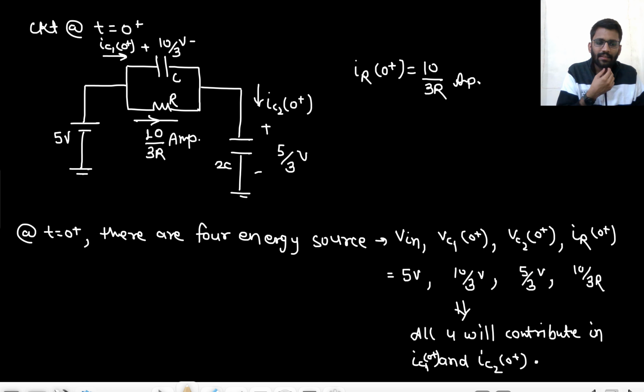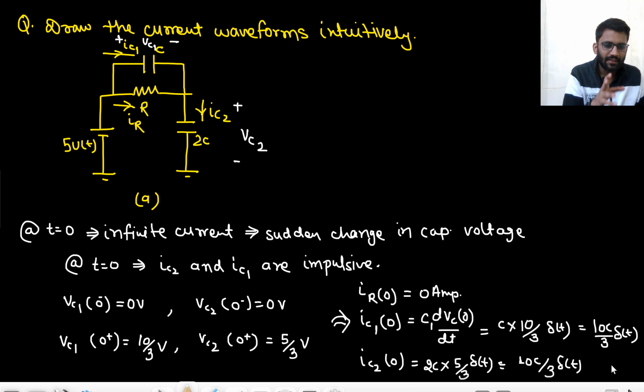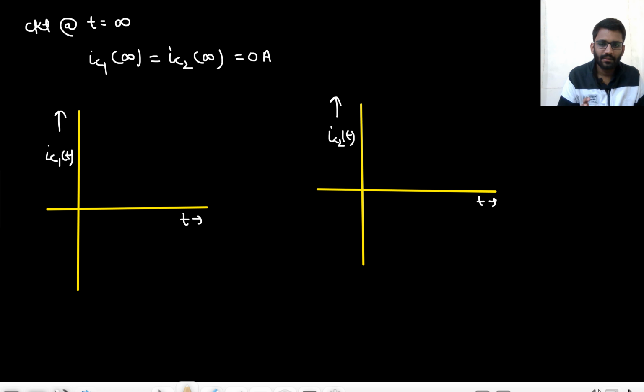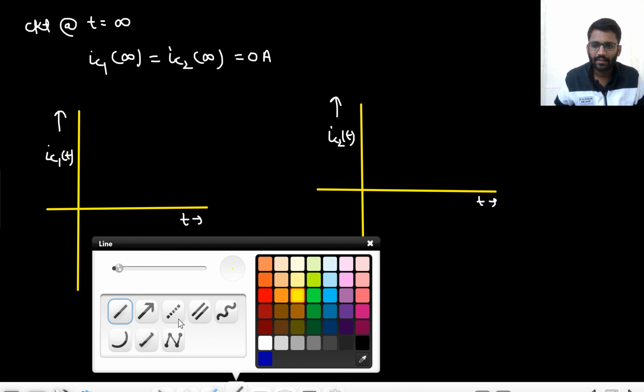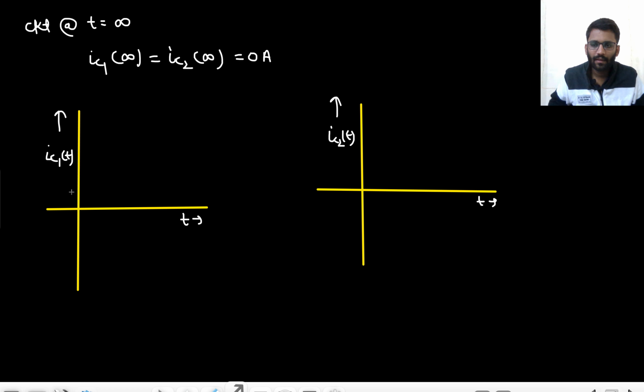So for IC1 and IC2, initially there is an impulse, that is 10C by 3.